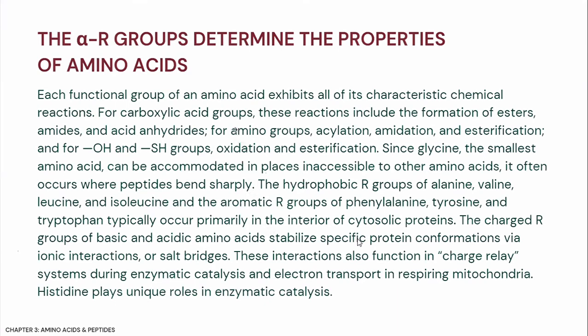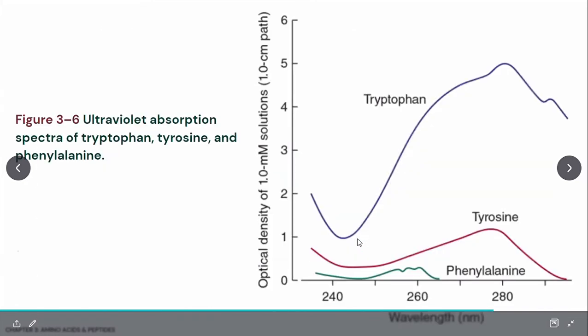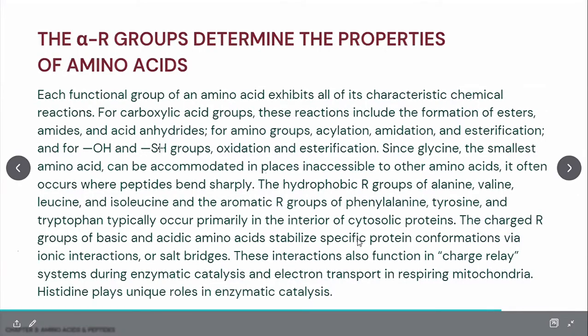So it gives you characteristic chemical reactions. Carboxylic acid groups are for the formation of esters, amides, and acid anhydrides. The amino group, you have acylation, amidation, esterification. And for OH and the thiol group, oxidation and esterification.